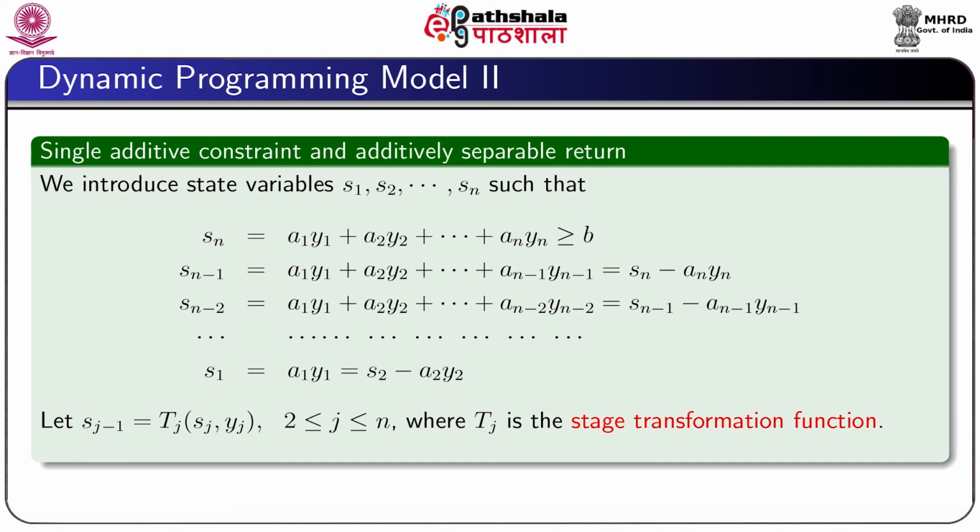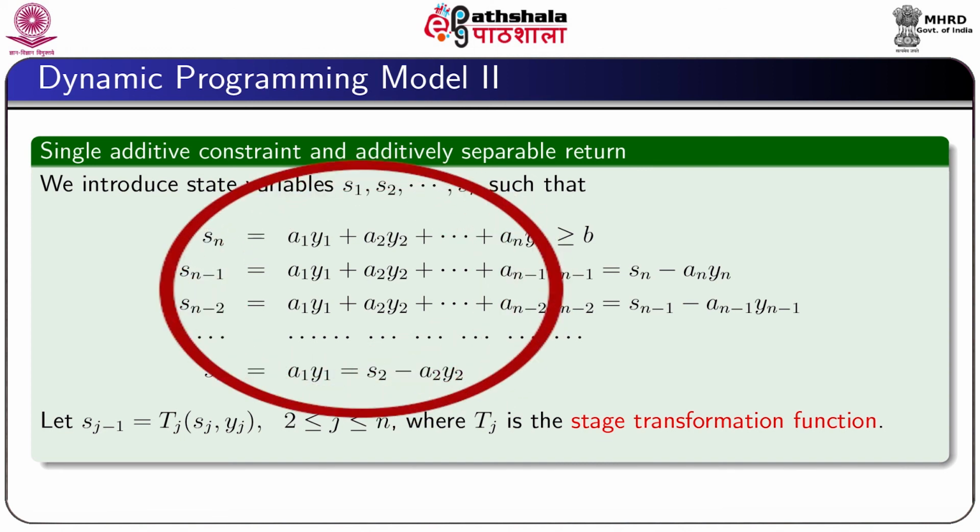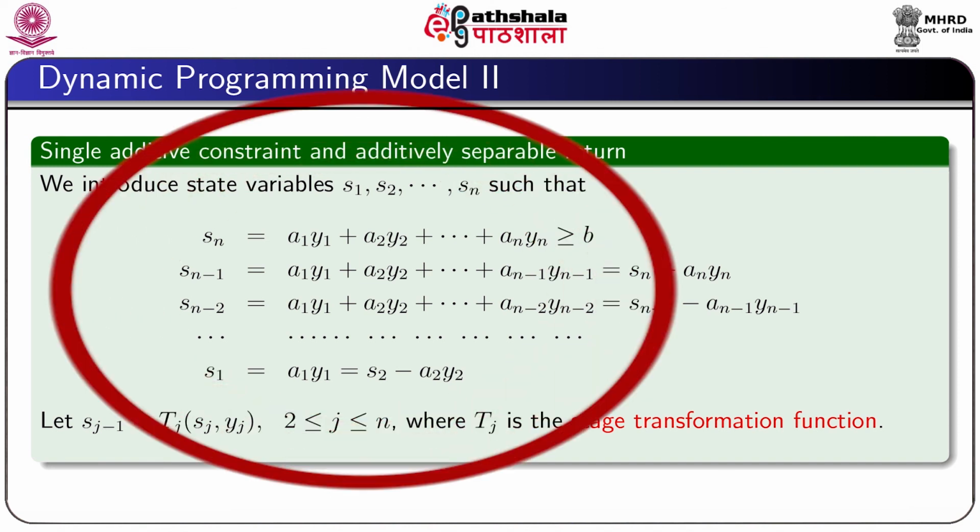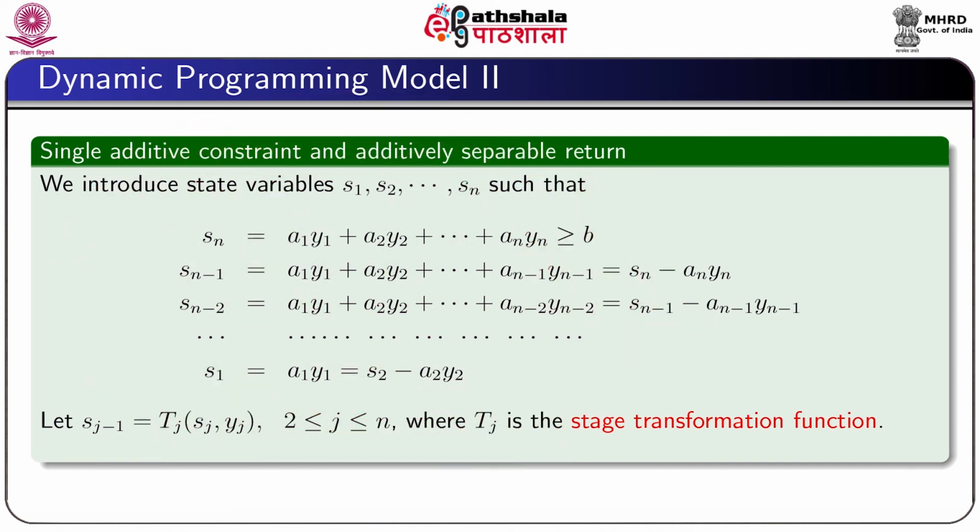We introduce state variables S1, S2 up to Sn such that Sn equal to a1 y1 plus a2 y2 plus dot dot dot an yn, which is greater than or equal to b. Sn minus 1 equal to a1 y1 plus dot dot dot plus an minus 1 yn minus 1, which is equal to Sn minus an yn.